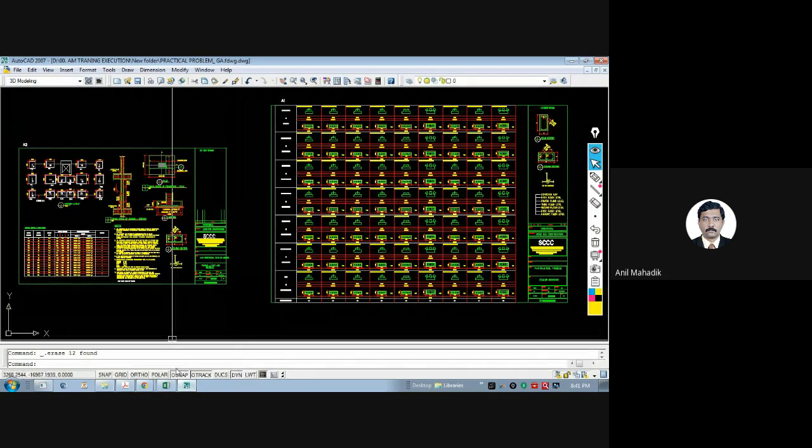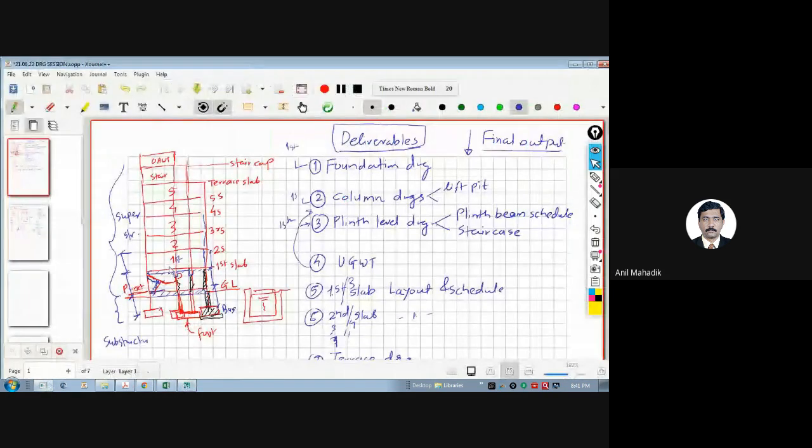And we know that as the load is maximum at the base, that means this is my maximum load for the column, then it will reduce here. So then again reduce here. So you know that minimum load is at the terrace. These columns are having less load because it is only carrying terrace slab load. Then it will add here.